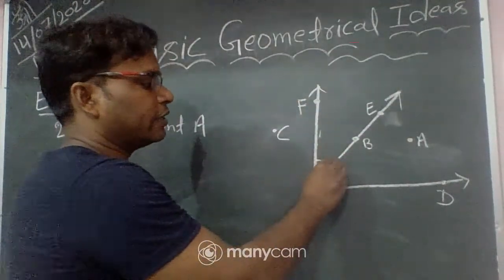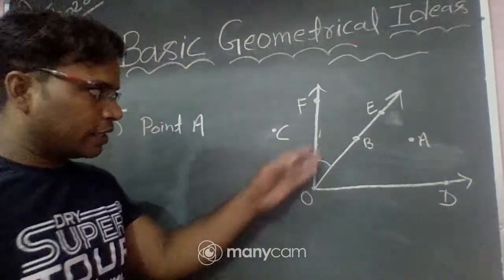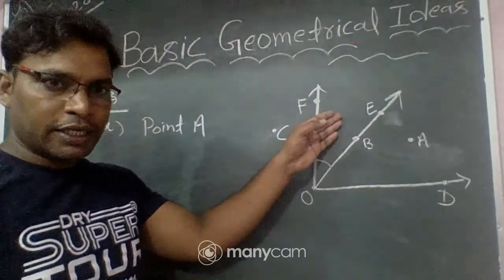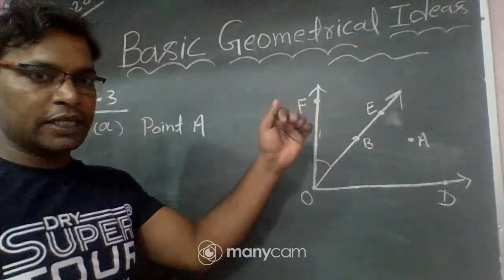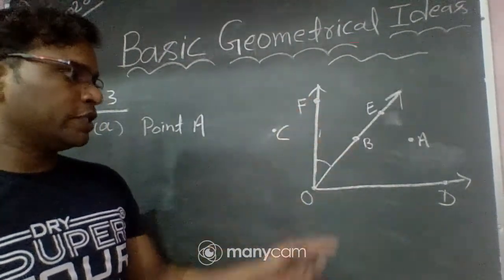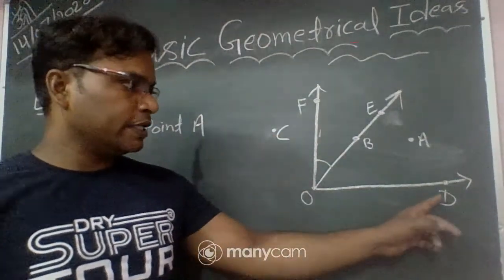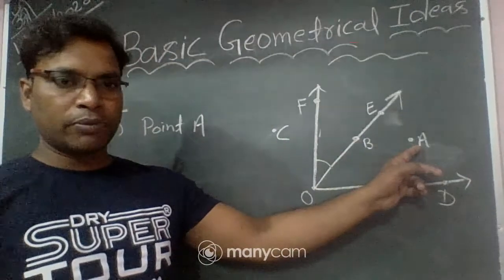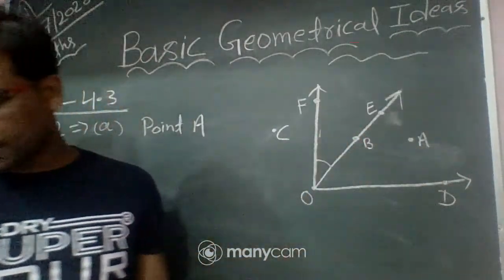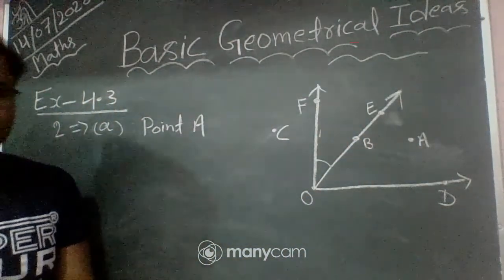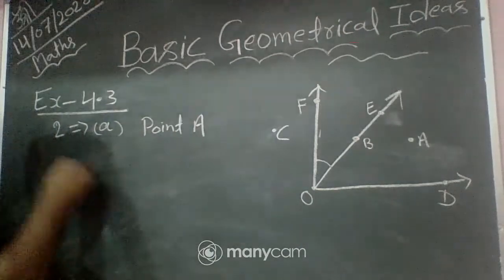Inside is the interior, but we need to find exterior points of this angle. So C is an exterior point, D is an exterior point, A is also an exterior point of this angle. Clear?